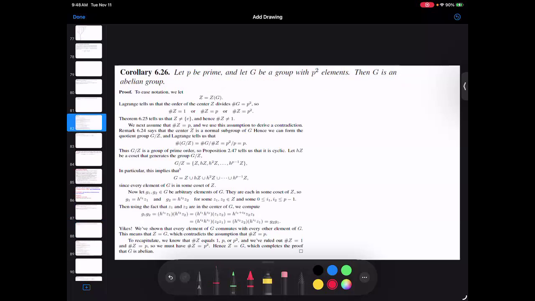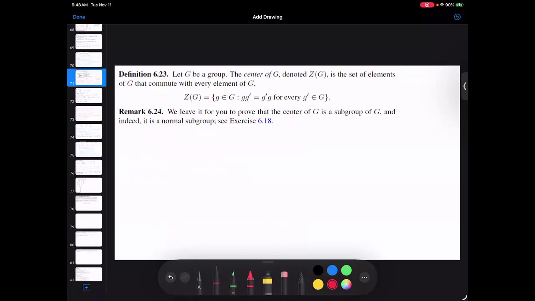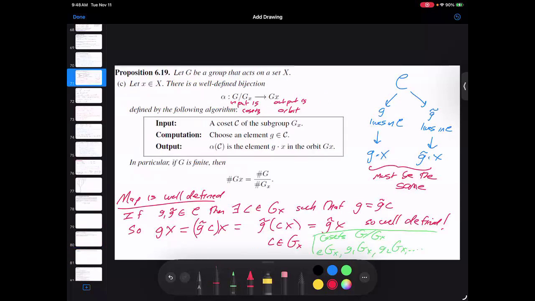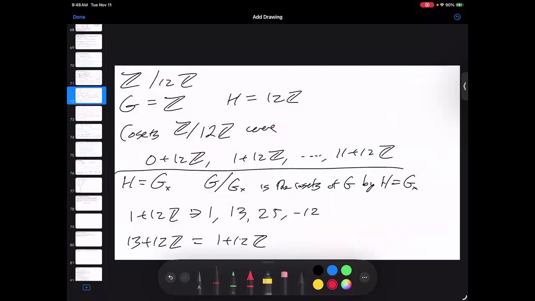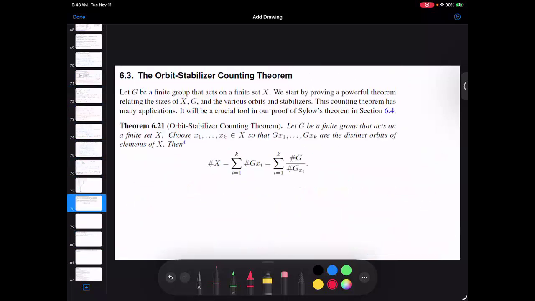So we started talking about orbits, and that the number of elements in the orbit is equal to the number of elements in G divided by the size of the stabilizer. And then we had the orbit-stabilizer counting theorem. The number of elements in X is equal to the sum of the sizes of the orbits, because each orbit is distinct from all others.